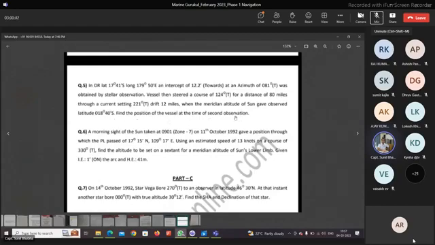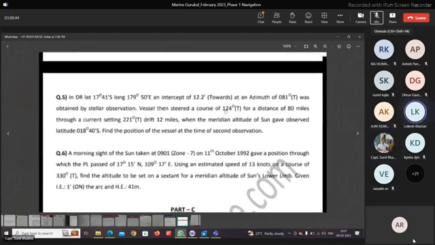इसमें क्या डाउट आ रहा है बेटा? कि जो अपन शिफ्ट लगाएंगे सर ITP के लिए, जो पहला पॉइंट है उसको जो शिफ्ट करना है अपन को करंट और CTS से। Okay. Yeah, I got it. Let me see once again. Meridian altitude gave observed latitude. Find the position of vessel.